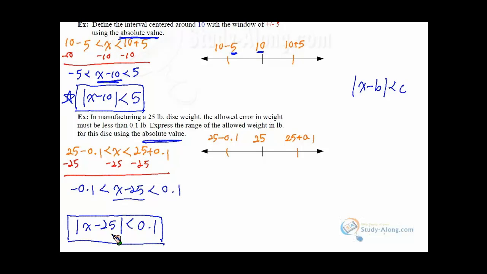Here, what's the center? 25. What's the plus or minus? 0.1. It's a pretty easy formula, but again, we're teaching this just so if you forget the formula, if you're in a rush and you just can't remember it for the life of you, you know how to solve it from the ground up, so you don't have to waste a question. Okay, so hopefully this will give you a little bit more of an understanding of how you can switch around the center.